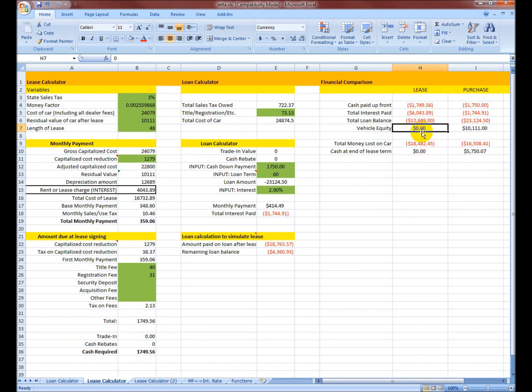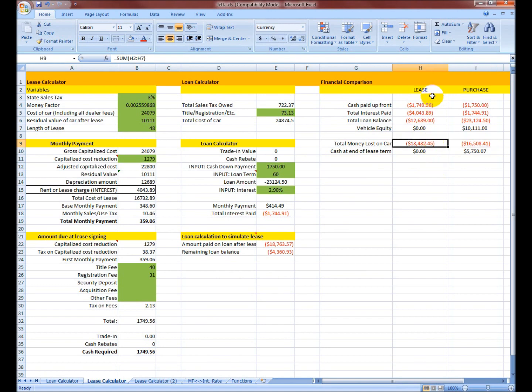You turn in the car to whatever dealer you purchased it from, and they then have the equity. When you purchase a car, you have the equity. So taking all of these numbers and summing them up, you're getting a total of money lost on the car at the end of the lease. I call it money lost, money spent, but basically this is cash out of your pocket.